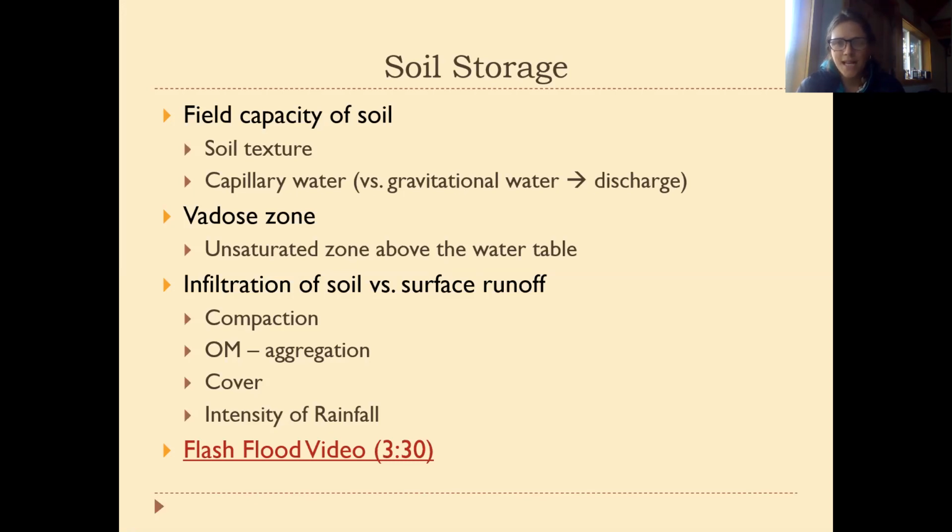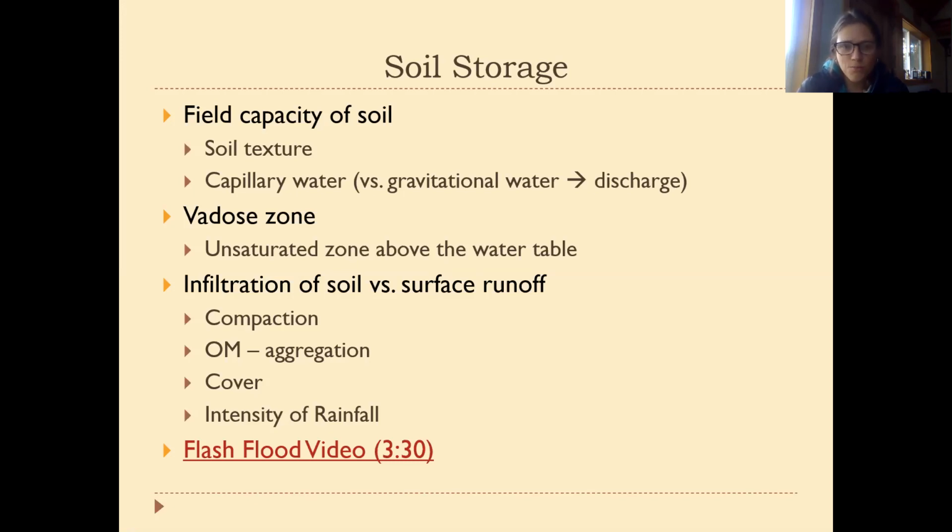So we want to maintain cover so that water lands on little blades of grass or other kinds of mulches or cover crops. Then the water will run down that vegetation and hit the soil much more slowly and have a better opportunity to end up being stored inside the soil.